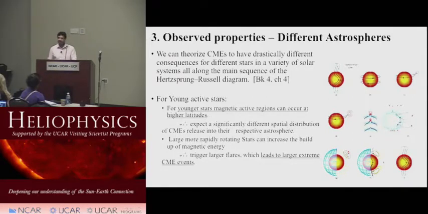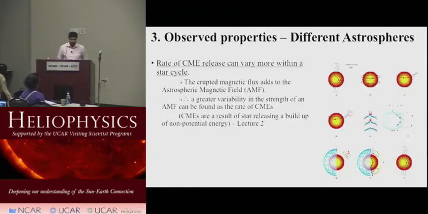So if you're looking into extreme properties of CMEs, while that might be true for our solar system, that will not necessarily be true for other solar systems. The rate of CME release varies with our solar cycle, so it is fair to say that it will vary for other astrospheres.